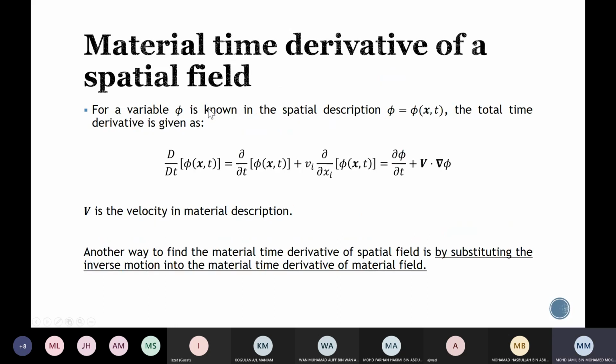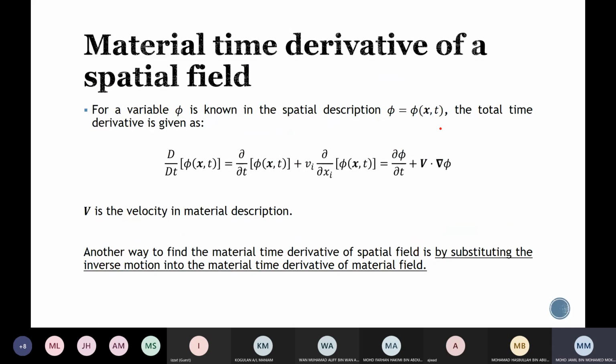So you can also find the material time derivative of a spatial field. So let's say you have a phi in spatial description, so instead of big X, the phi is in small x. So the total time derivative is given as, you differentiate the phi and then plus the velocity times the differentiation of phi with respect to x, or v times the gradient of phi.